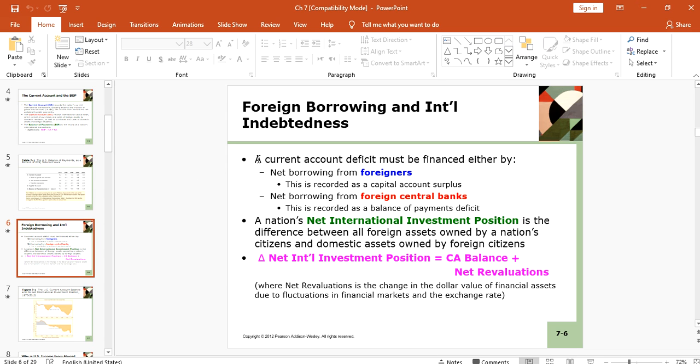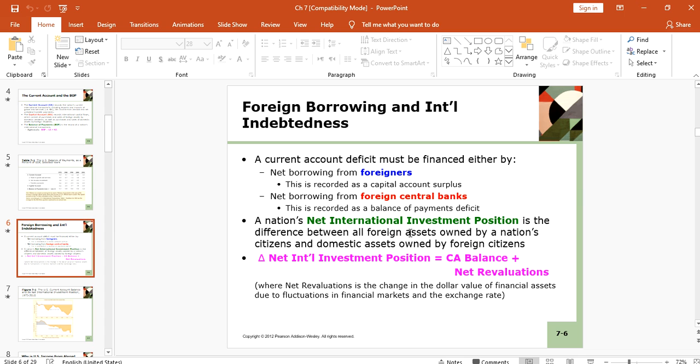A current account deficit must be financed. Whenever we have a negative value of current account, this can be financed by borrowing. So the government borrows some money and distributes it, and net borrowing from foreigners or from central banks.